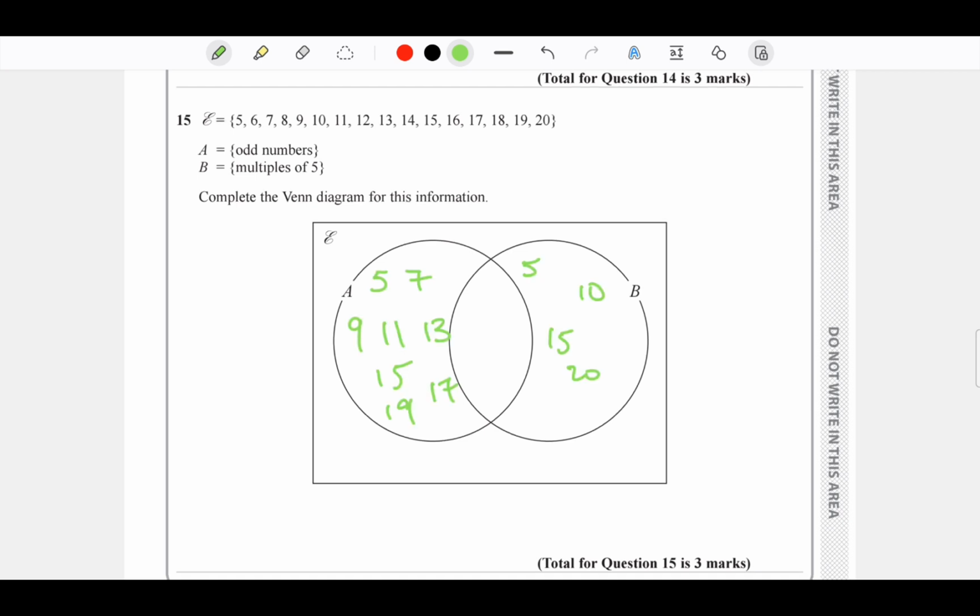Then we're going to write in the middle the numbers that both A and B have together. So in this is 5 and 15. Alright, we can take these both out. Then the rest of the numbers we are going to write outside of the circles. Right, so there you go. Question 15, the Venn diagram is completed.